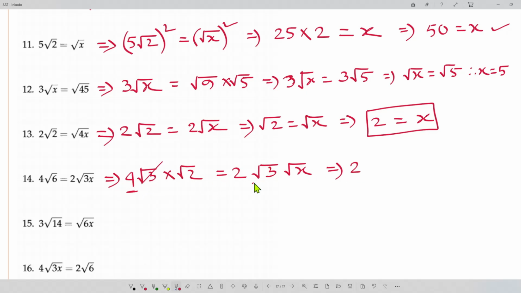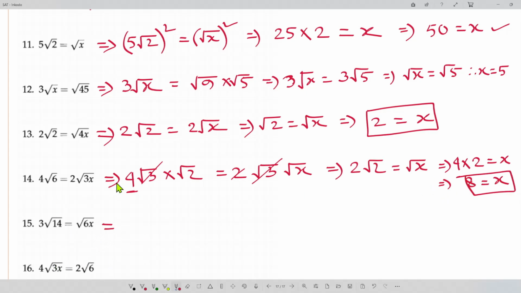Root 3 and root 3 cancel, and here is only root 2. And here the 2 cancels, and it equals root x. Now we can square both sides. So 2 squared means 4 times root 2 squared means 2, and root x squared means x. So 8 equals x. This is our answer.